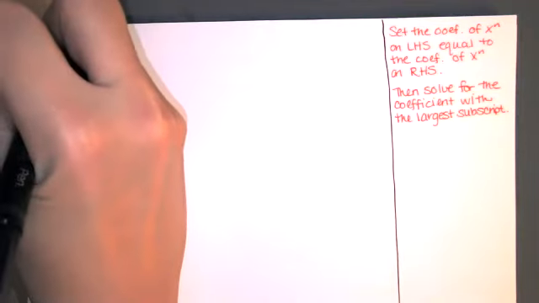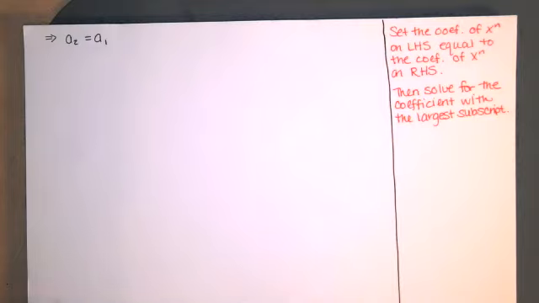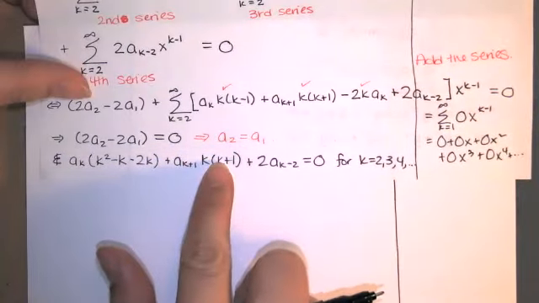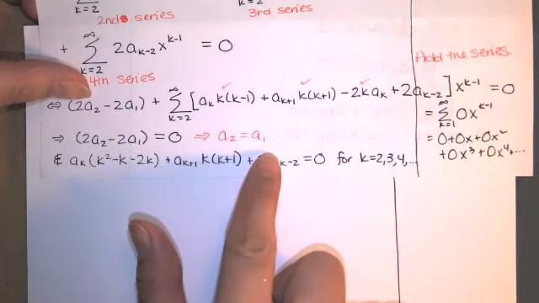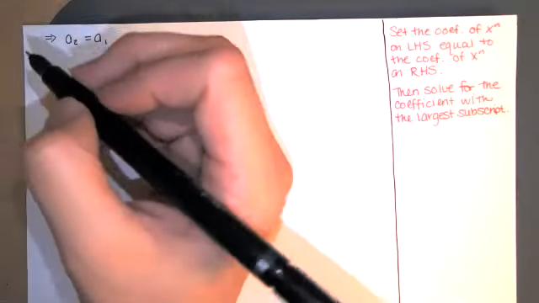From that last line, we had a sub 2 is equal to a sub 1. And now I'm here, and I'm trying to get this guy by itself. So I'm going to subtract this from both sides and subtract that from both sides, and I'll simplify that one as well.